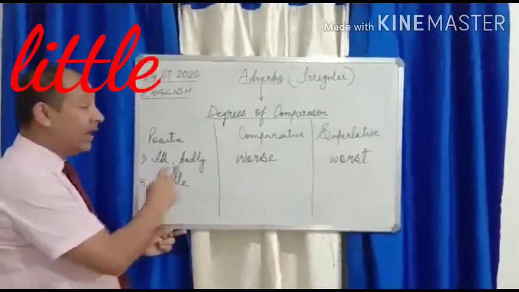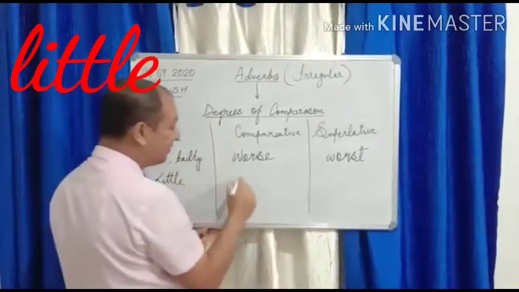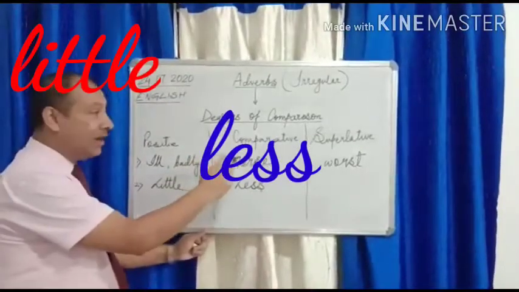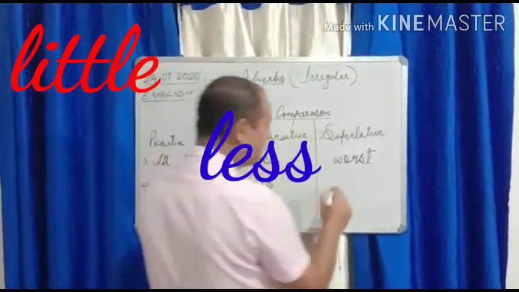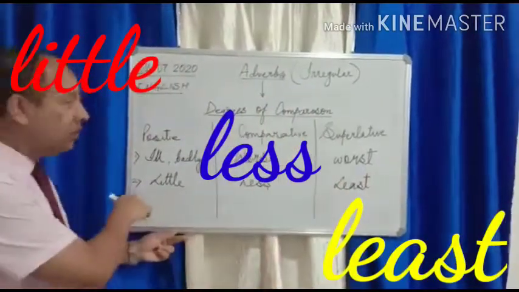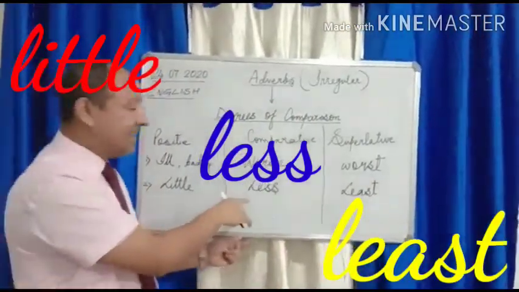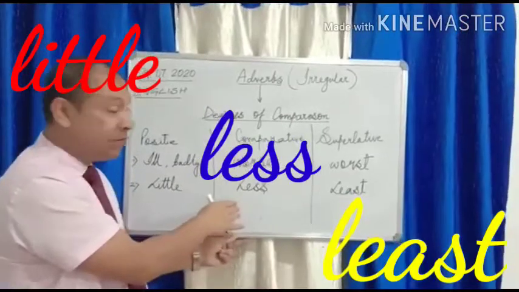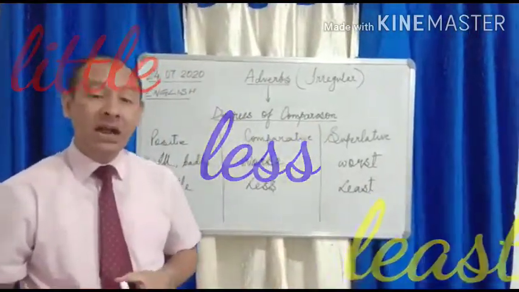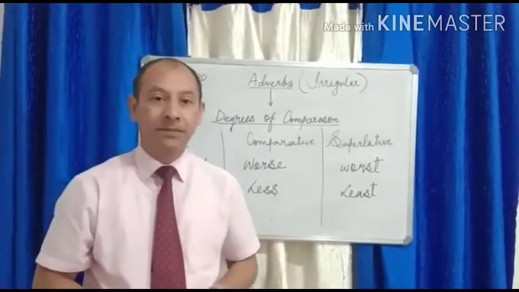Little in the comparative form becomes less, and to make it into the superlative form becomes least. Little, positive form of the adverb, less, comparative form of the adverb, and least becomes the superlative form of the adverb.